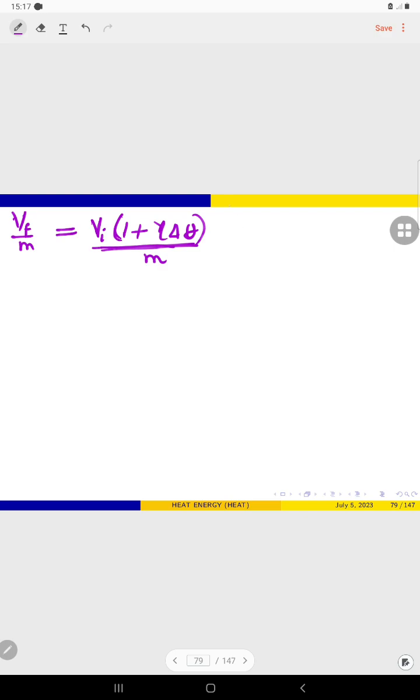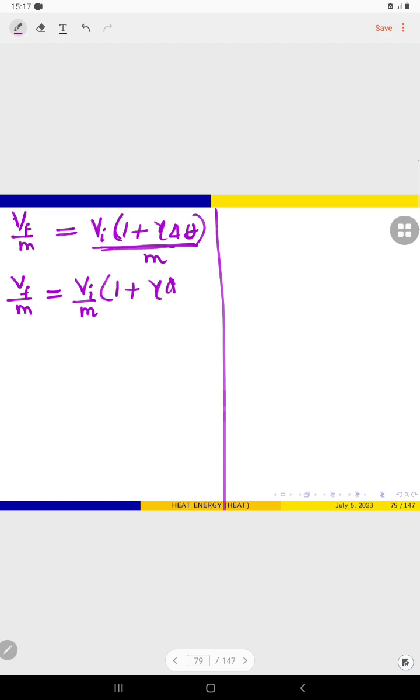So let me divide my board, I have only 2 pages to work this. So Vf over m, I can rework it as this. Yes, because this is over 1, and when you multiply, you get back that.